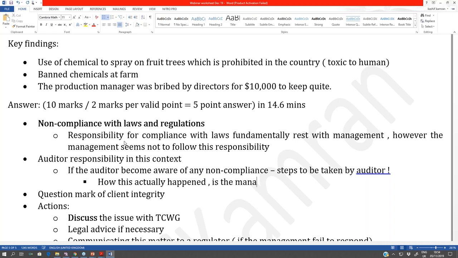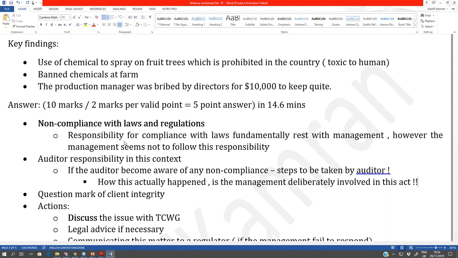Is the management deliberately involved in this act? And it seems so, because they bribed the person. So how did this actually happen? Are there weak controls in the company which are resulting in the non-compliance of laws and regulations, or is the management deliberately involved in the act?